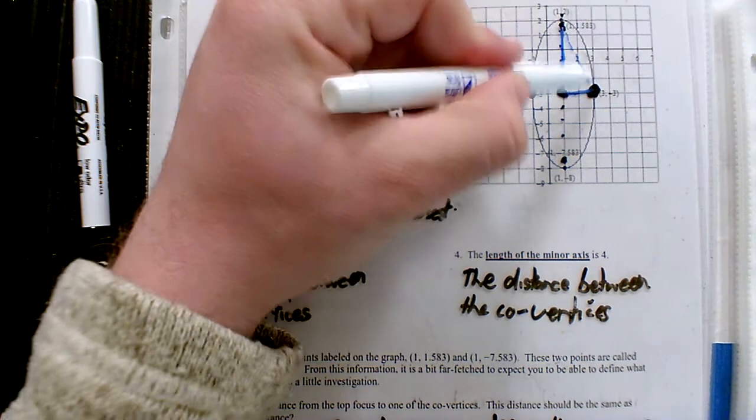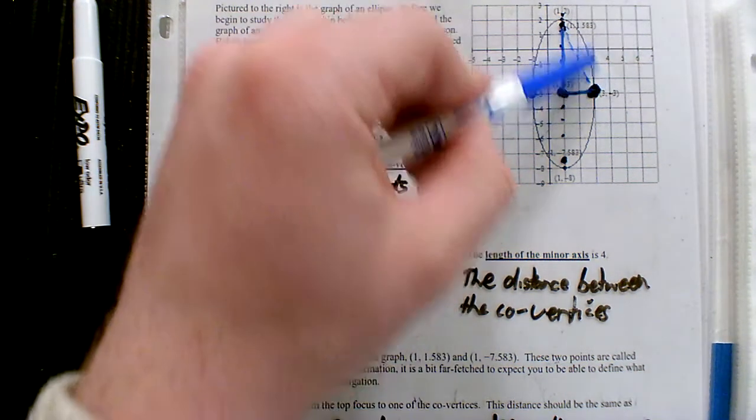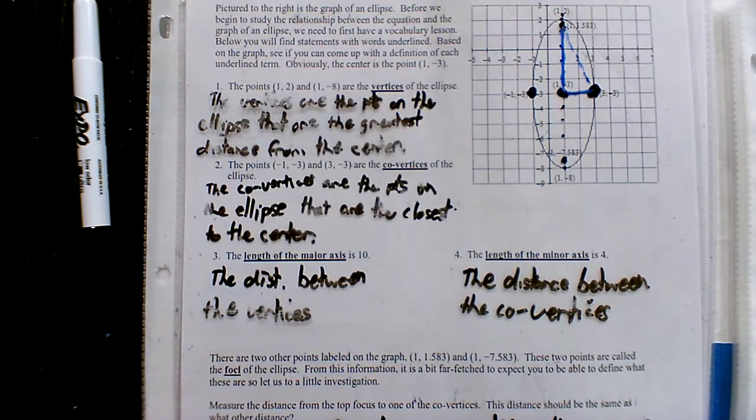But we said that this distance is the same as what distance? The hypotenuse of this triangle would be the same distance as what again? It's equivalent to what distance?